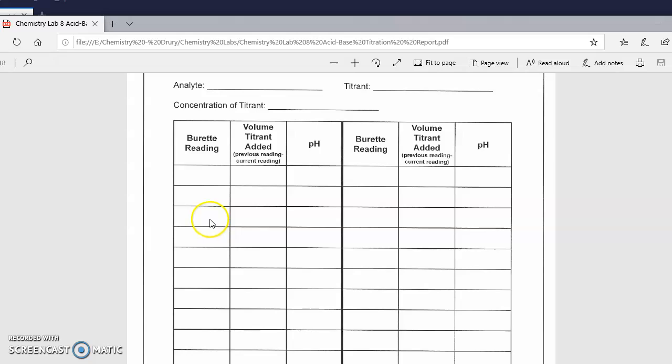Next, we're going down and adding 5 more. So this is going to be 30 here, and this is going to be 15 milliliters total, because this is the total that we've added here. So the pH is going to be 1.15.